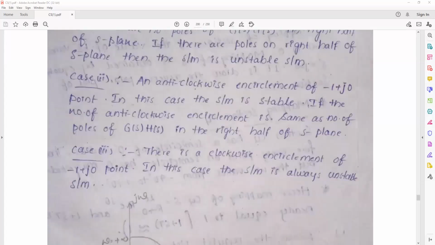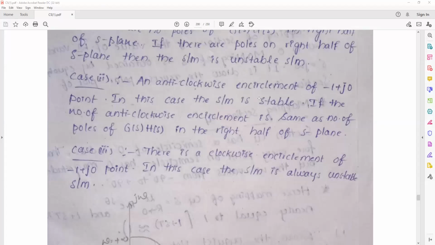Next, the second case: an anti-clockwise encirclement of the -1 + j0 point.